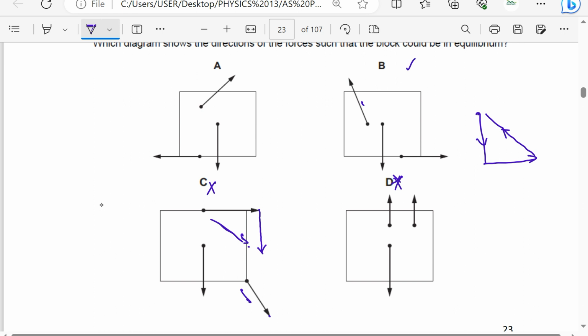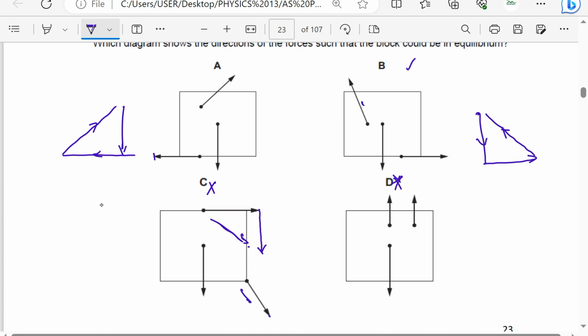Let's check A. If I fix the horizontal vector and I add this vector here, comparing the magnitudes, this could form also. So you have to choose between A and B.